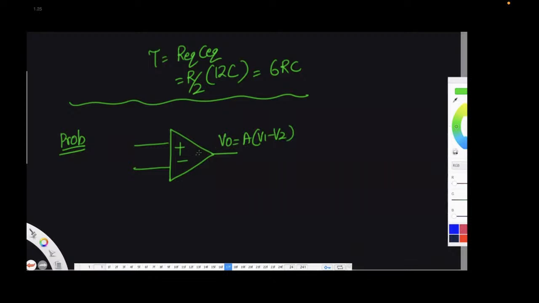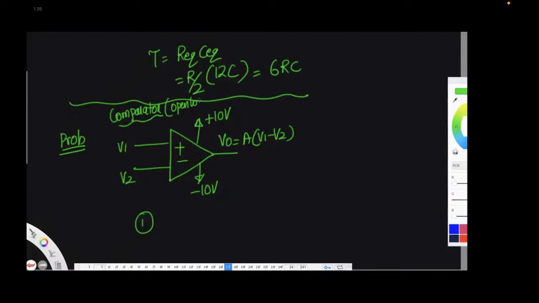This gain is very large. It is almost infinite. So, if no feedback is given, you are given V1 and V2, then what is V0? Say this is plus 10 and minus 10. So this is a simple comparator. An op amp, you should not apply virtual ground in open loop.